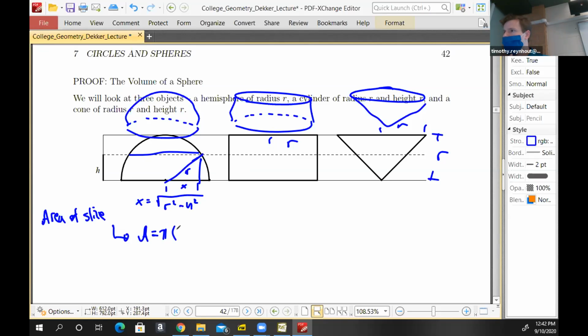So this is pi times the square root of r squared minus h squared, squared. And that, of course, simplifies to just pi times r squared minus h squared.